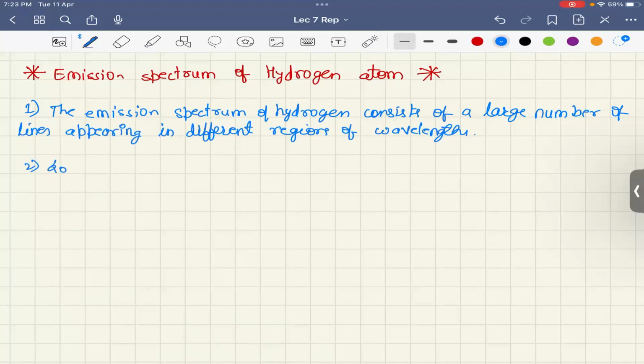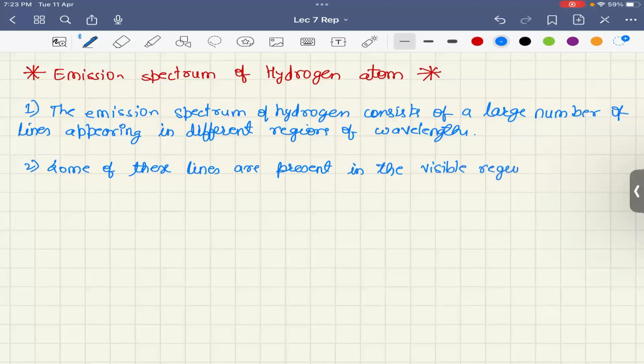Some of these lines are present in the visible region, while others are in the ultraviolet and infrared region.